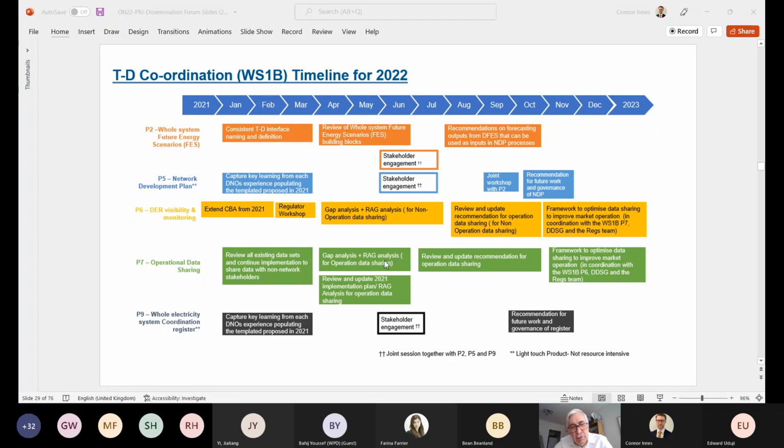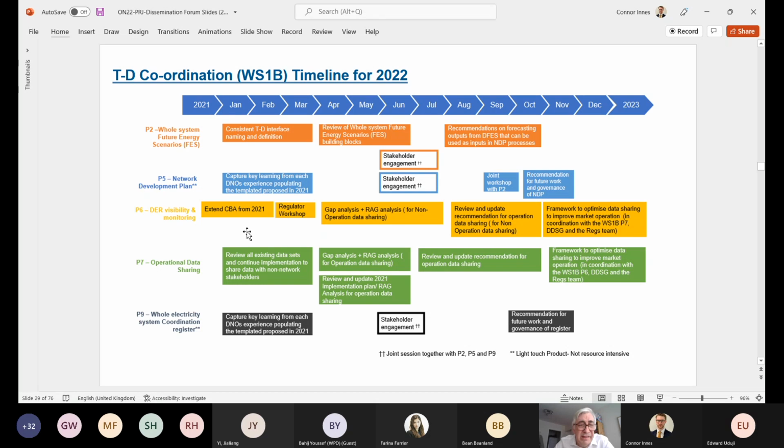And we want to test what we've done with stakeholders, receive feedback, and then look as we go through the latter end of the year to make improvements based on that feedback. P9 stakeholder engagement sits pretty much on its own, really, but we didn't want to have multiple stakeholder engagements, so it felt sensible to bring those all together at one session. That's something for everyone to look forward to there.